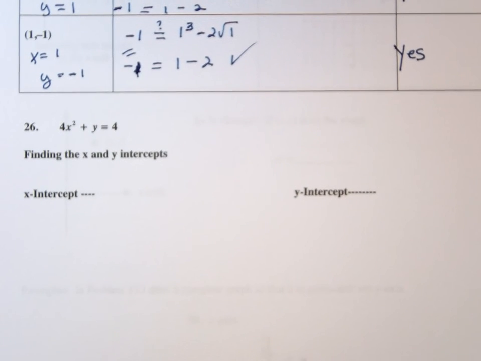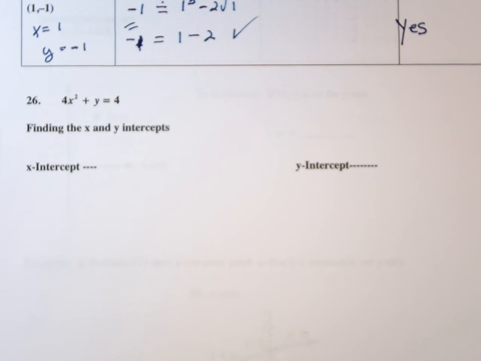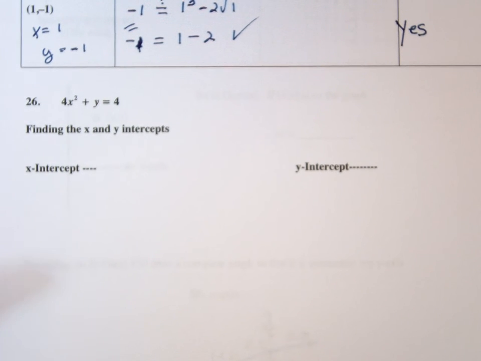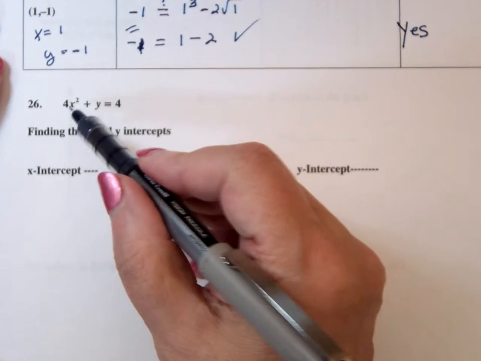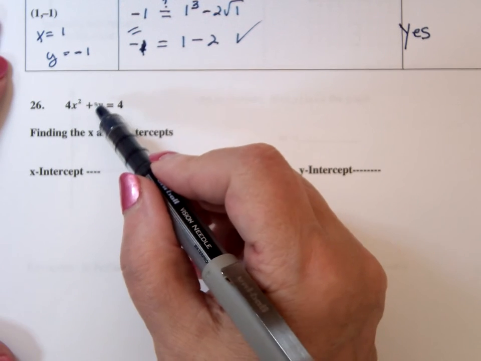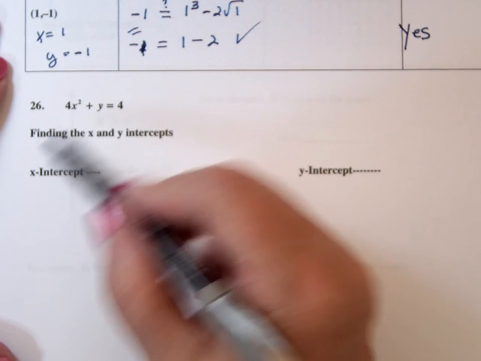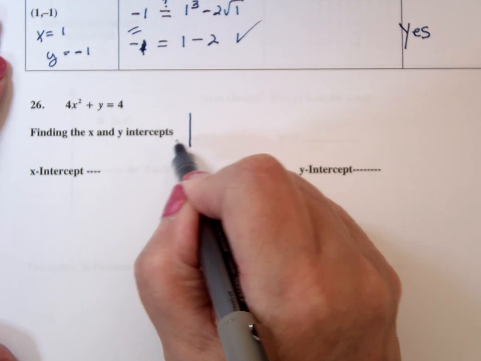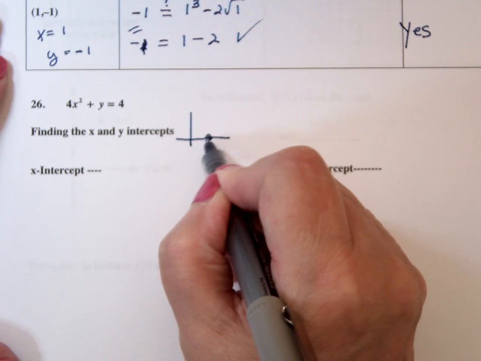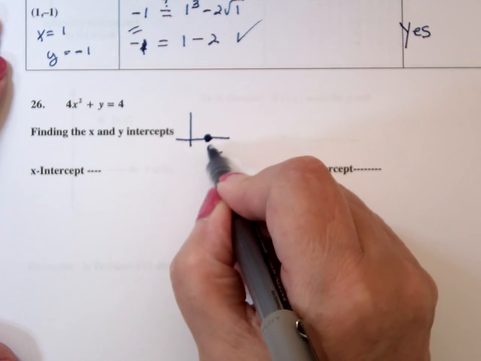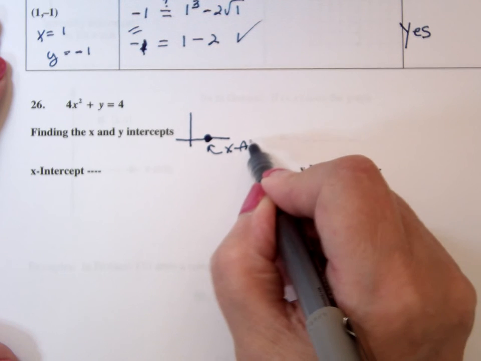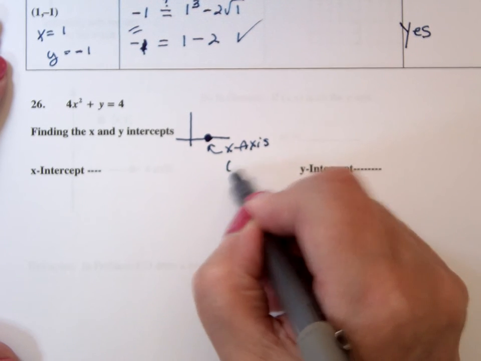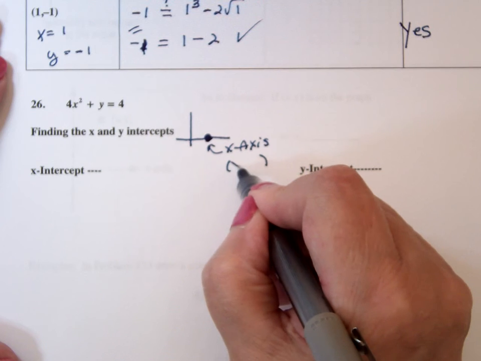Find the x and y intercepts. We're going to do a lot of that. So it says 4x squared plus y equals 4. The x-intercept occurs on the x-axis, and on the x-axis, I have some x value.